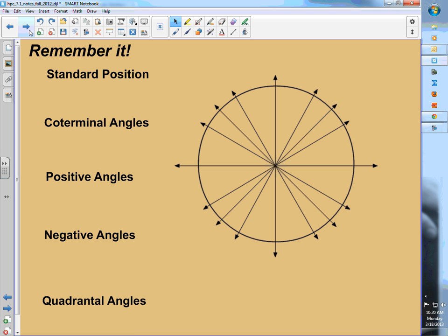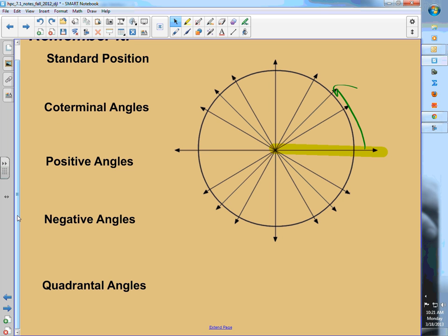So when we measure an angle, standard position is to start with horizontal right here, and make sure that you're going in a counterclockwise direction. That's what we mean by standard. Anyone not clear on any of the other 4? Great review time. Good?